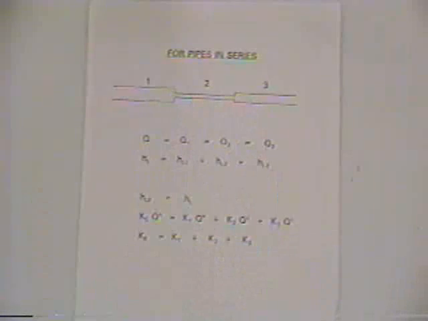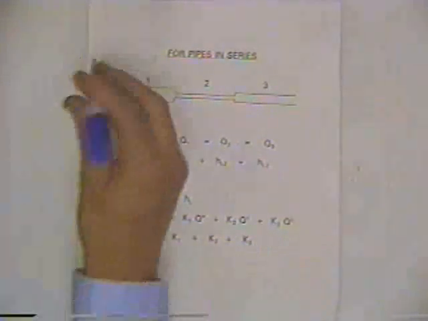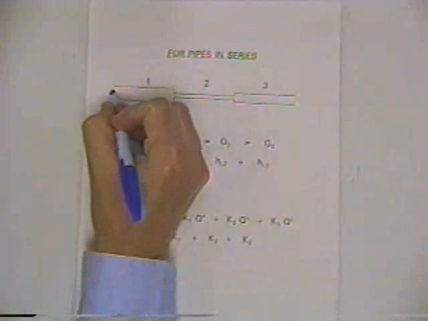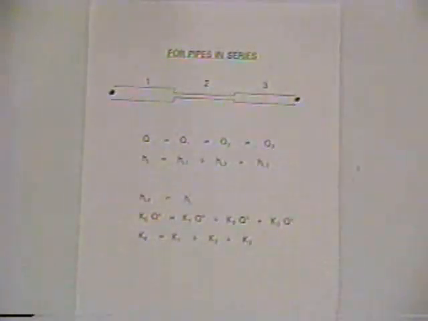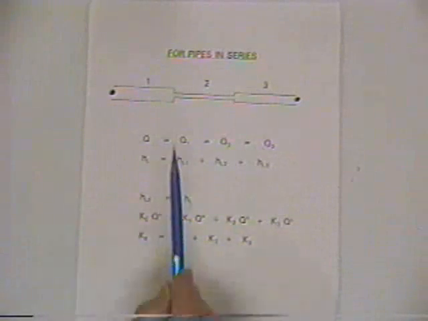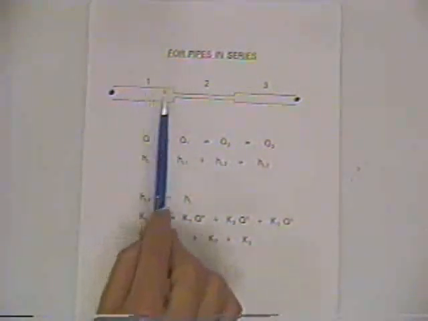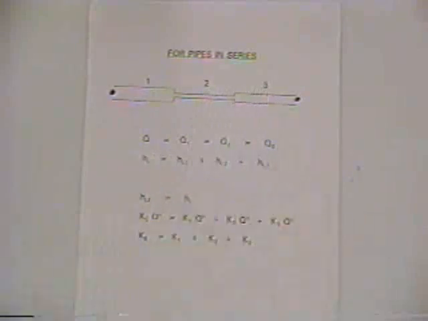So the Q's are going to be the same in all three pipes. What about head losses? The head loss is just the difference in head there and the difference in head there, so the total head loss between those two points is simply the head loss in this pipe plus the head loss in that pipe plus the head loss in that pipe. So the Q's are the same, and you sum up head losses to get the total.